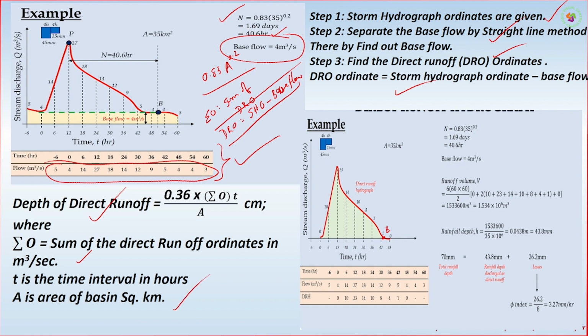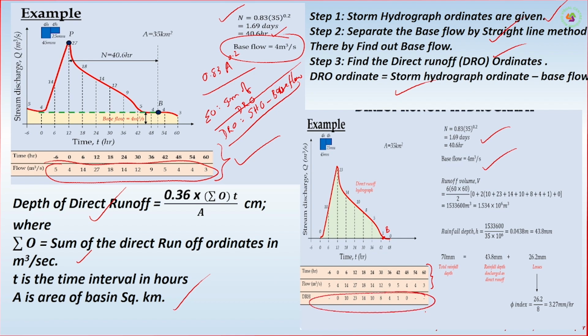See, one more example I have given here. So this is what is given. Time versus flow is given. Right? Time versus flow I have taken. Then I found N. Once N is found, I found the base flow. Once the base flow is found, I directly subtracted it and got the direct runoff ordinates.